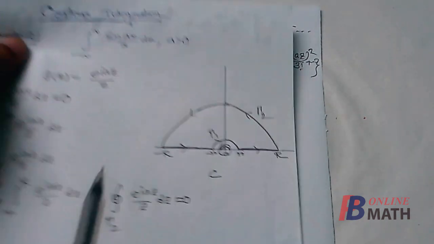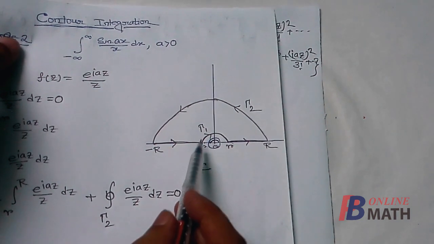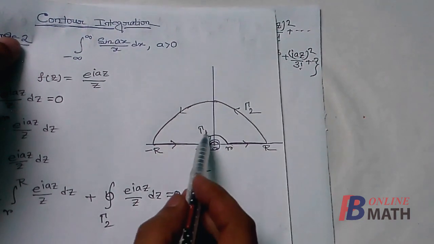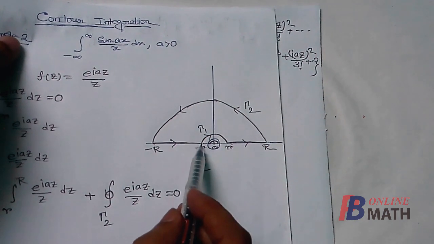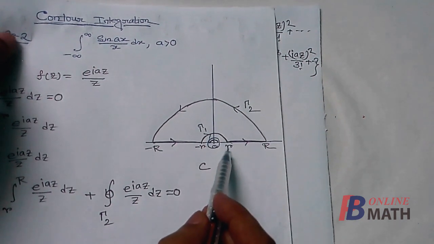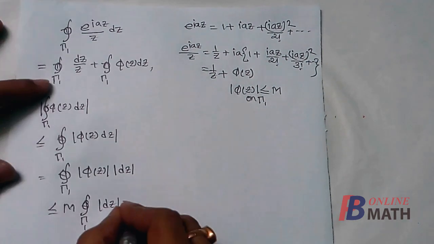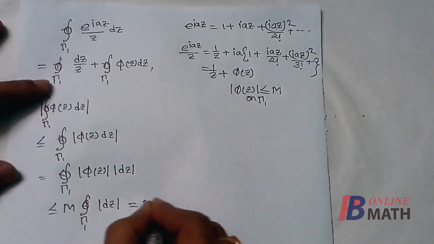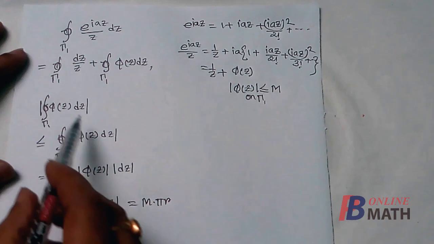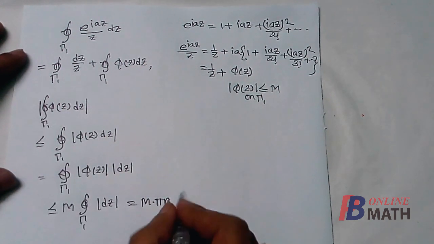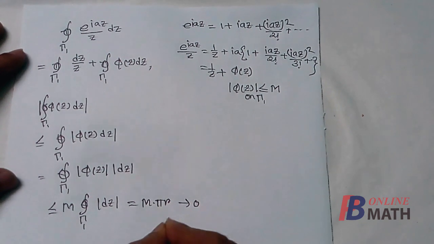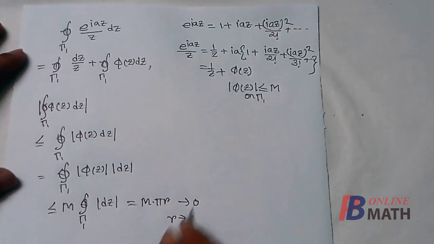Now here we find that gamma 1 is this semicircle from minus r to r. So this is half of the circumference. So the length of this gamma 1 is pi r. So here we write M into pi into r. So here it is, the modulus of this integral is less than or equal to M pi r, which tends to 0 as r tends to 0, because r is small.